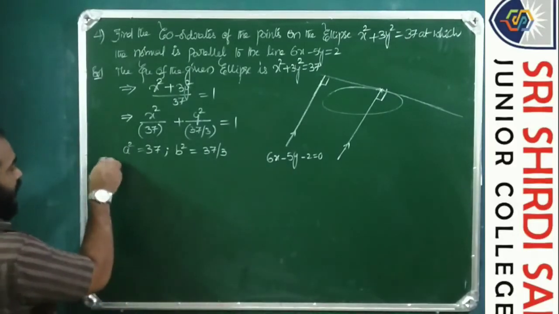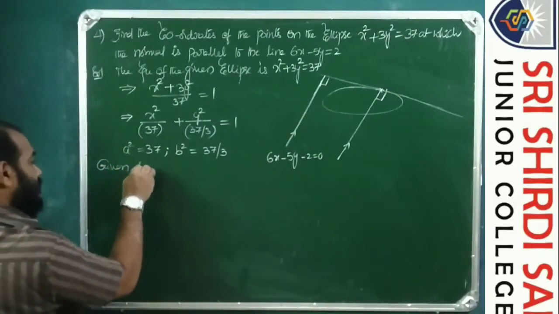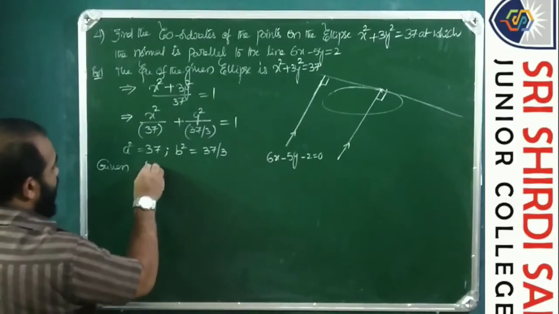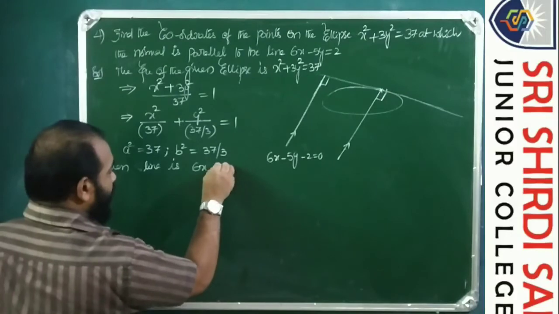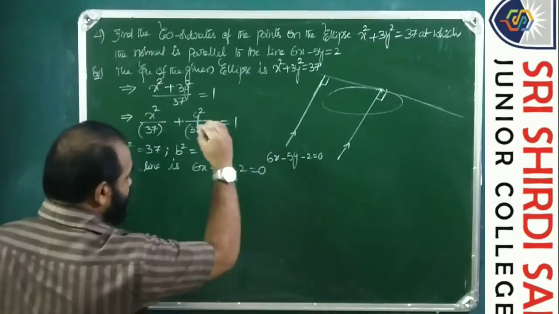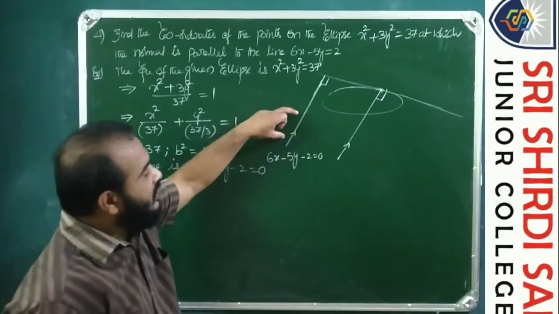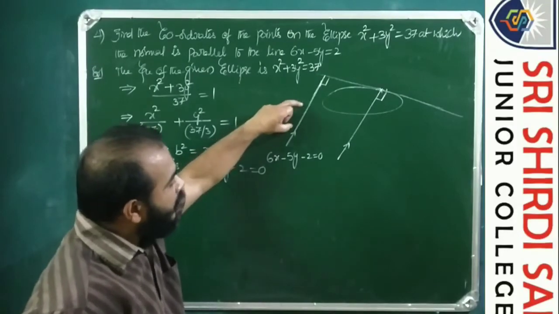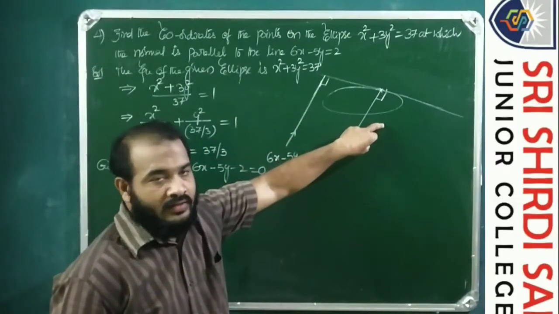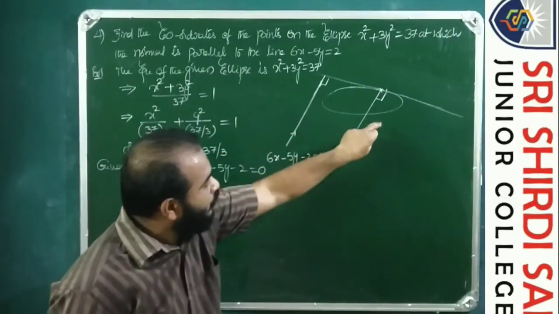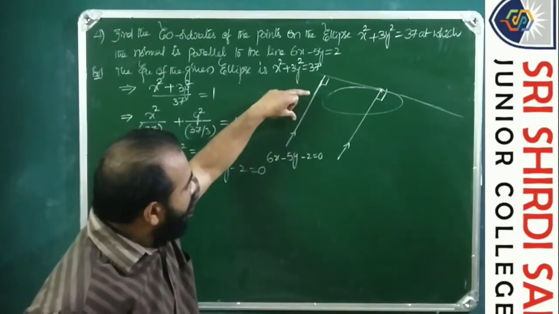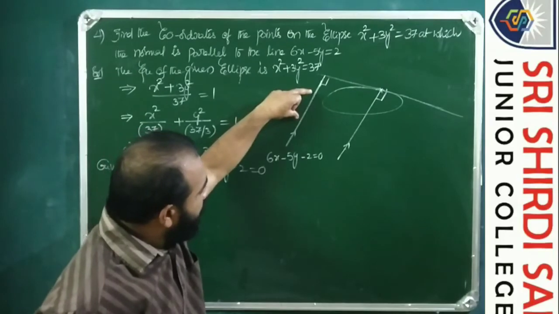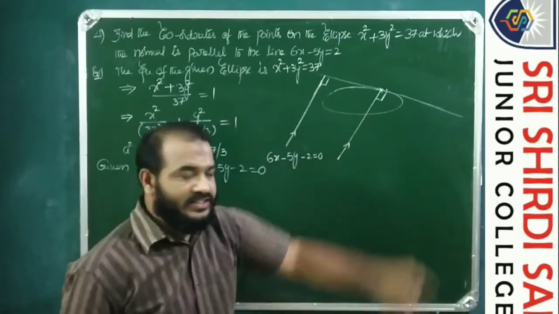So given line is 6x minus 5y minus 2 equals to 0. So what is this line? This line is parallel to this normal. So then what is the line which is perpendicular to this line? Which is the tangent.